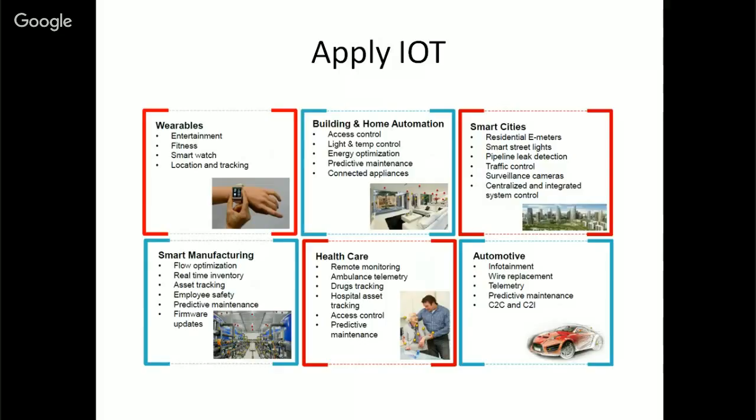Talking about home automation, it is one of the widely appreciated products in the field of IoT. Home automation is all about controlling, giving access to doors or controlling your lights, your household appliances, all of which come under home automation.